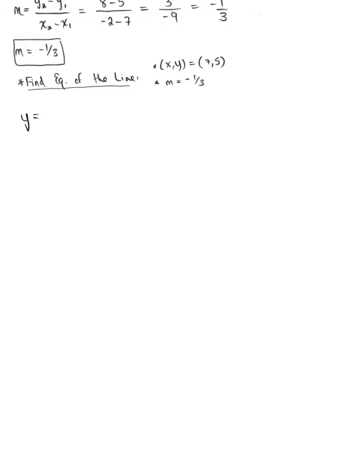So using y = mx + b, we let y be equal to 5, and that's equal to -1/3 for our slope, multiplied by the x value 7, plus b. So at this point, we're ready to solve for that y-intercept b.